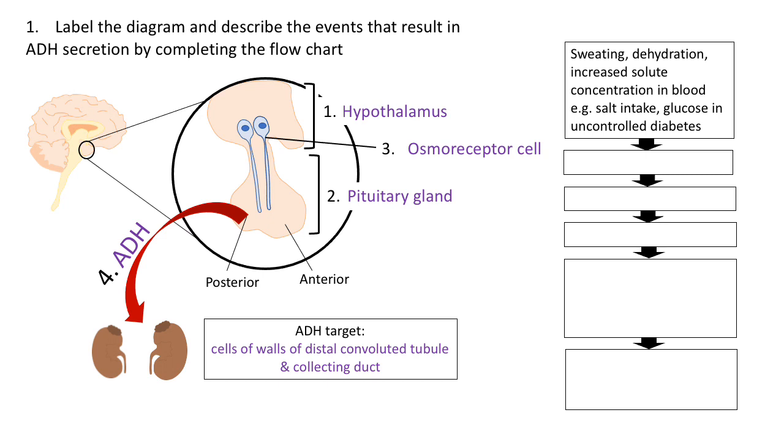So let's move on to the flowchart. Sweating, dehydration or increased solute concentration in the blood. This reduces the water potential of the blood. That increases water loss by osmosis from osmoreceptors. As a consequence, those osmoreceptor cells shrink.